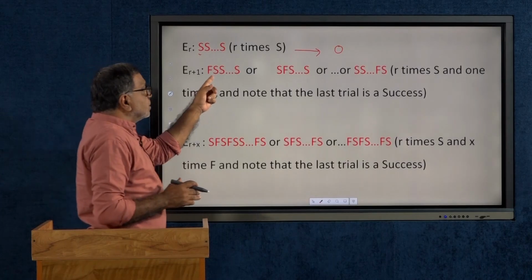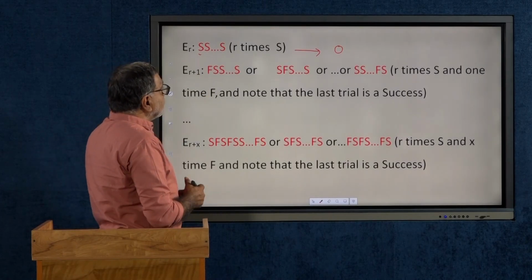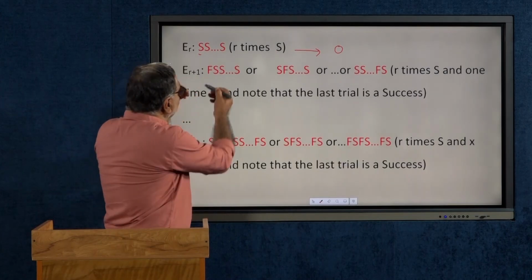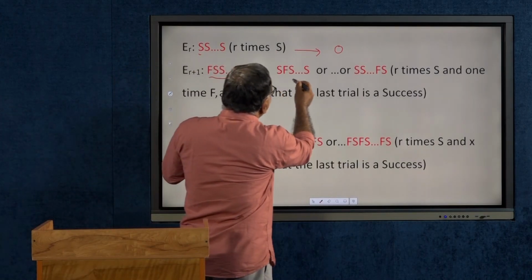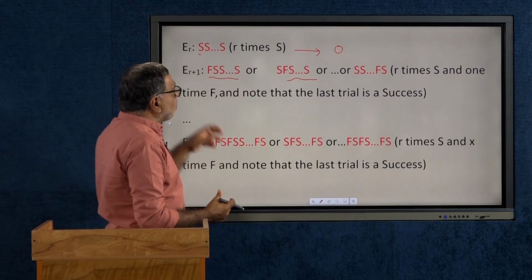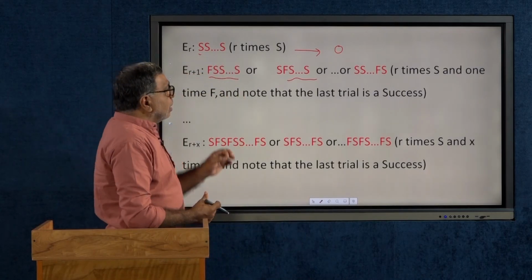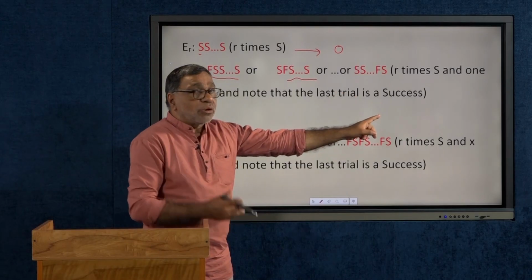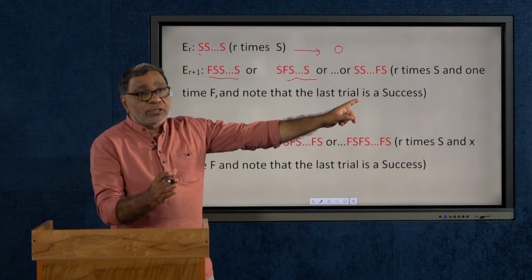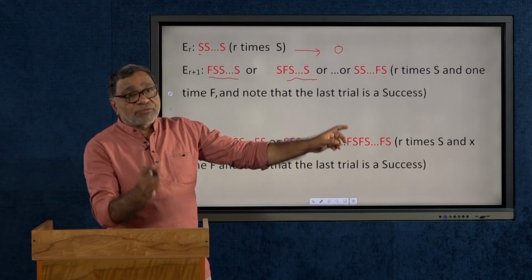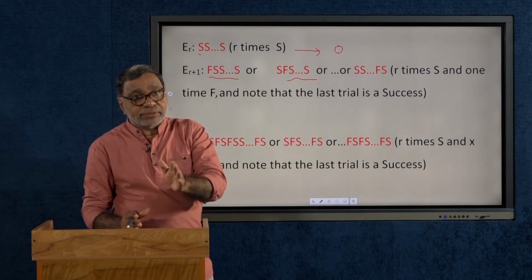In the second case, E R plus 1, there is one failure and R successes. So, there are different combinations like this. R successes and one failure, and note that the last trial should be a success. Always we stop the Bernoulli trials when the R-th success is obtained.